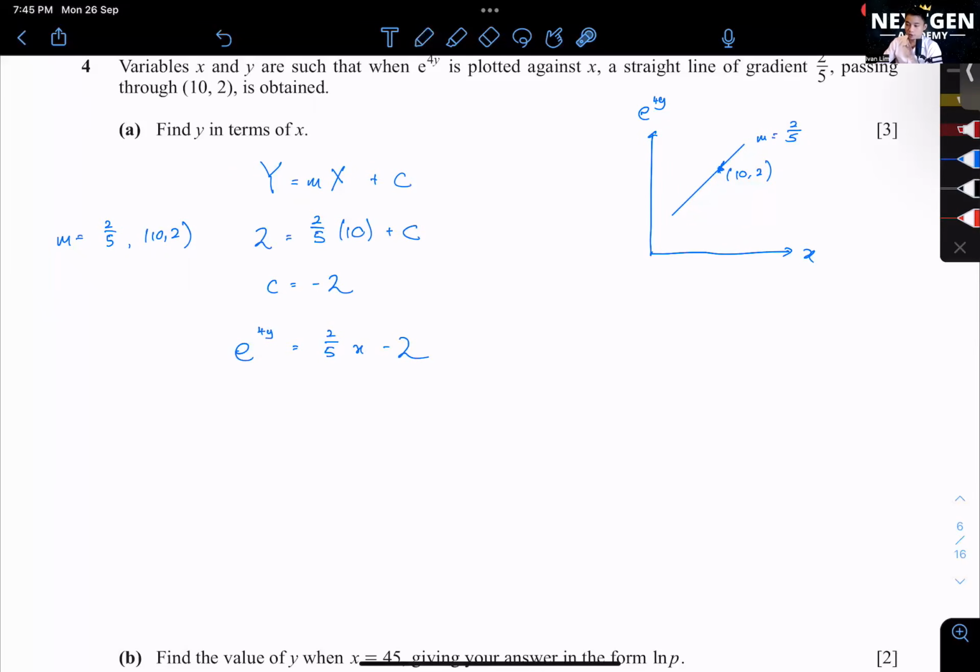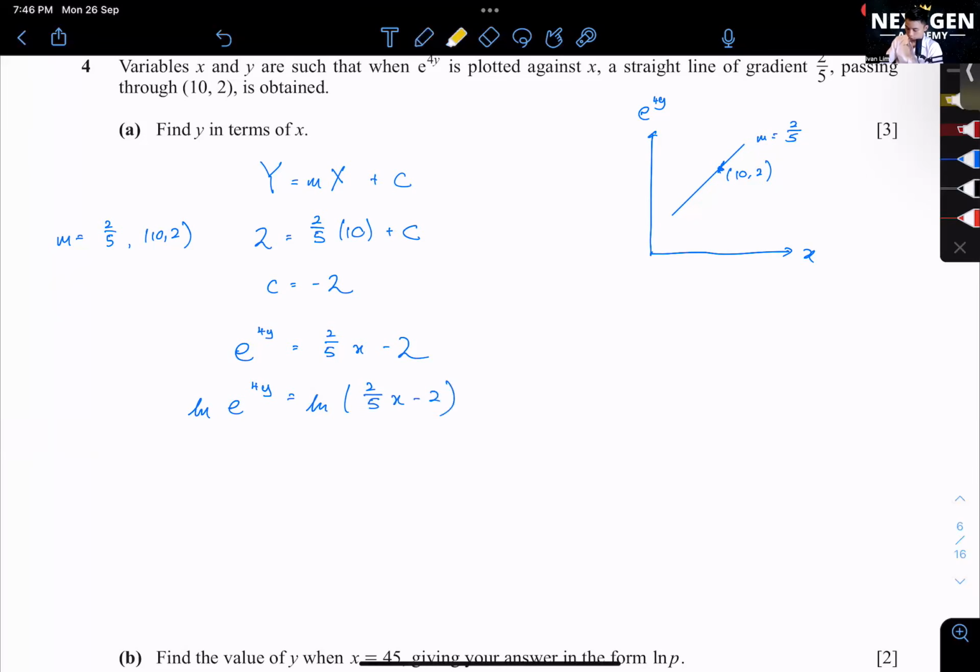I see a couple of you know it's ln, but somehow when you bring it over to the other side, very funny. If you don't know how to change it, another way is, I teach you one more extra step. This is not necessary for you to write. You can just put ln at both sides.